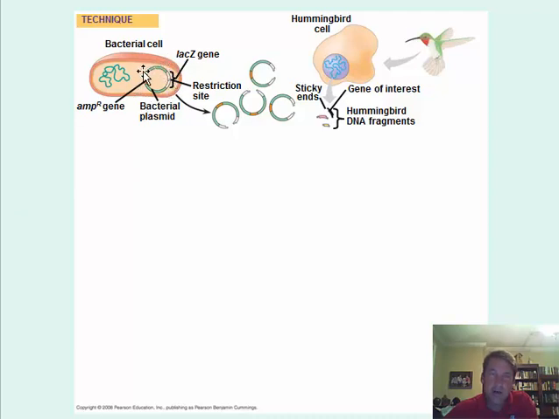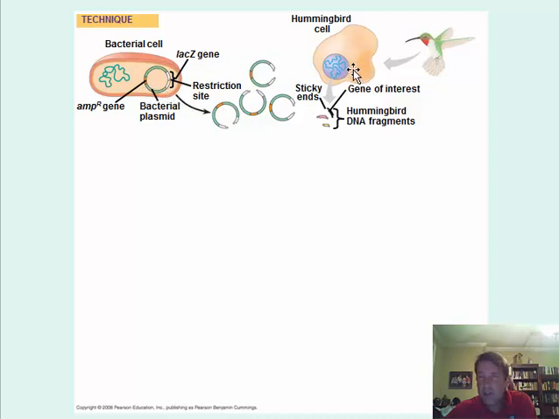Plasmids are these round DNA sections that are found in bacteria. So in this case, we take the plasmid out of the bacterial cell, and they're easy to manipulate.